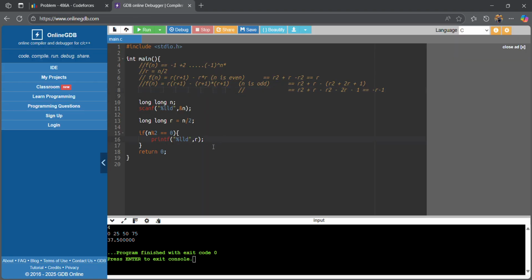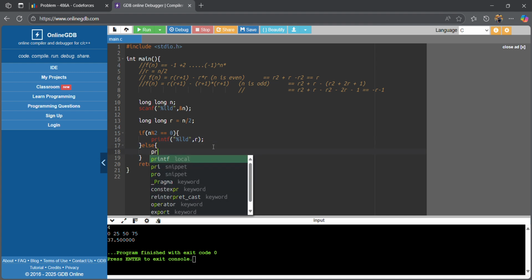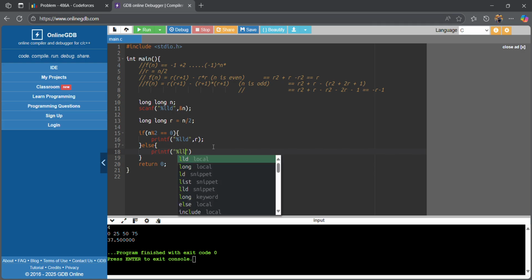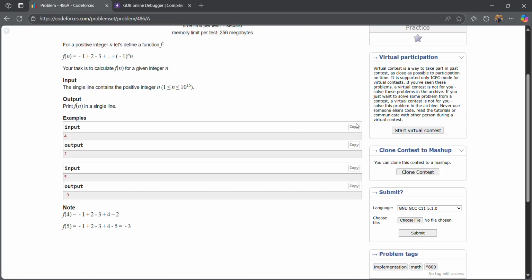So printf this, and else printf percentage LLD, long R. So we have to just printf minus R minus 1. That's it.